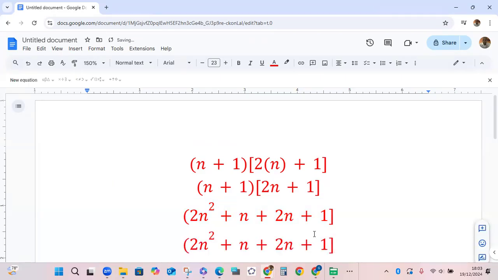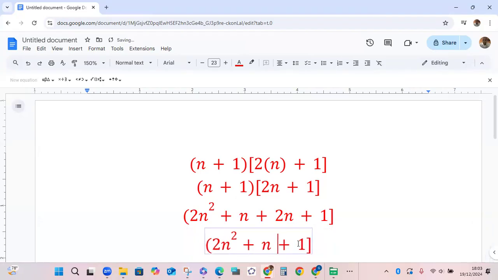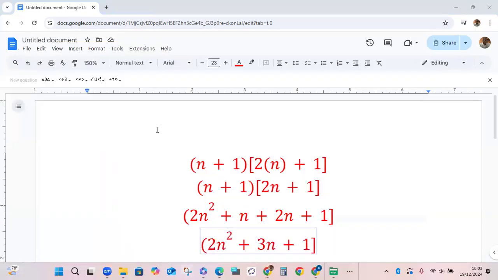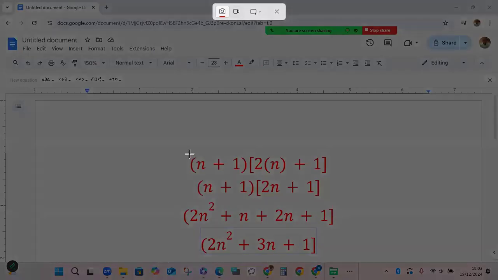They call that expanding to obtain a quadratic. As you can see, N plus 2N is 3N. So what we have now is a quadratic expression, quadratic because of the little 2 that is above the N. So that's supposed to be the answer for the first cell, but let's leave it that way.